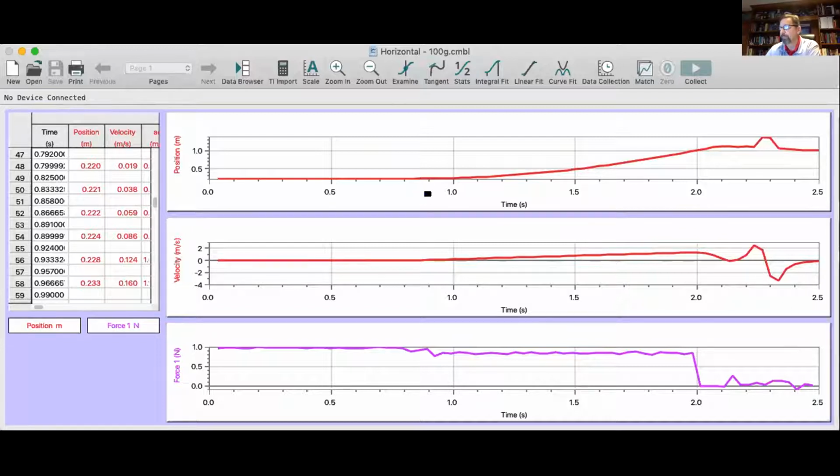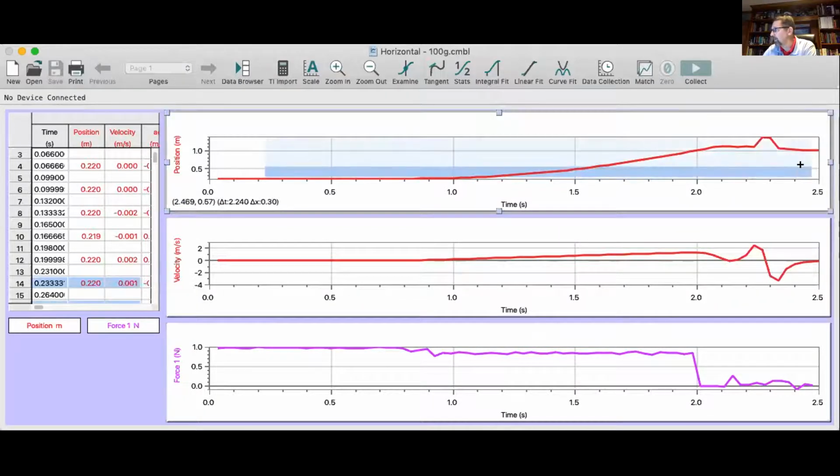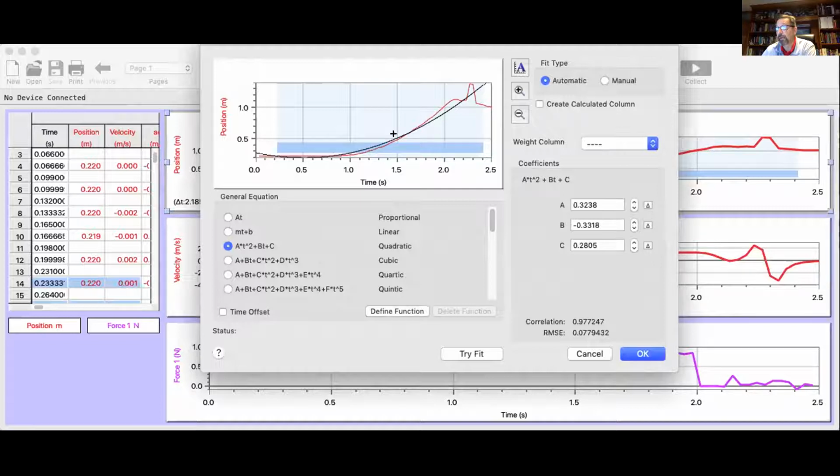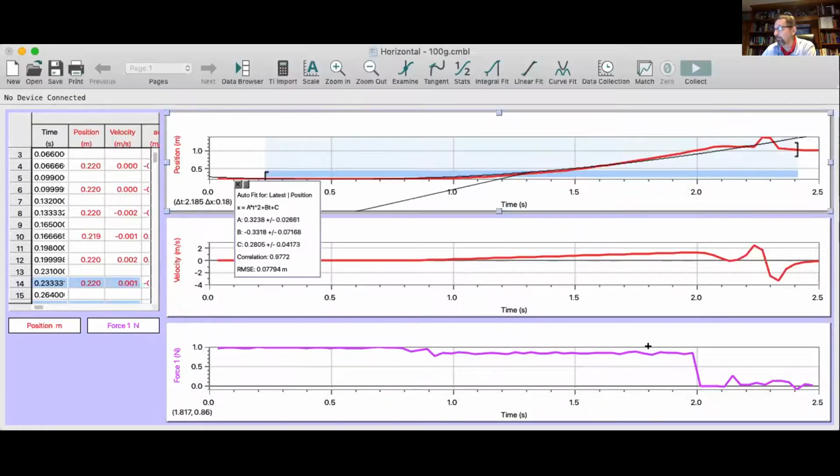What I see people doing when they're doing a fit, say on the top graph, is just coming all the way across here, every bit of data in it. You need to pay attention a little bit to where the motion actually started. If you look, I could try to do a parabolic fit on that, and you can see the black line, hopefully, that will show up here in a second.